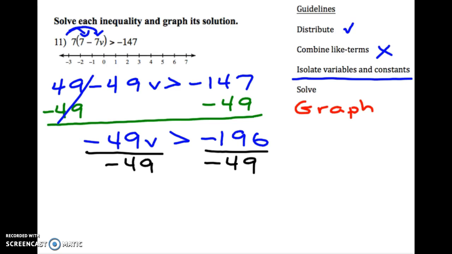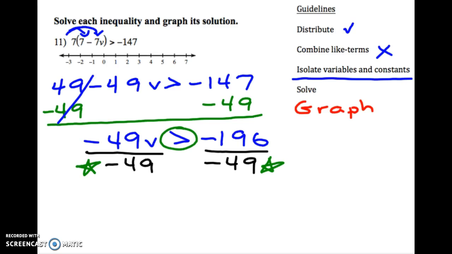Now before I get going too far too fast, when dealing with inequalities, the one thing we do have to keep an eye on is whenever we multiply or divide, and most of the time it's dividing, whenever we divide by a negative number, by the negative 49, the direction of the inequality needs to switch. Please remember that.